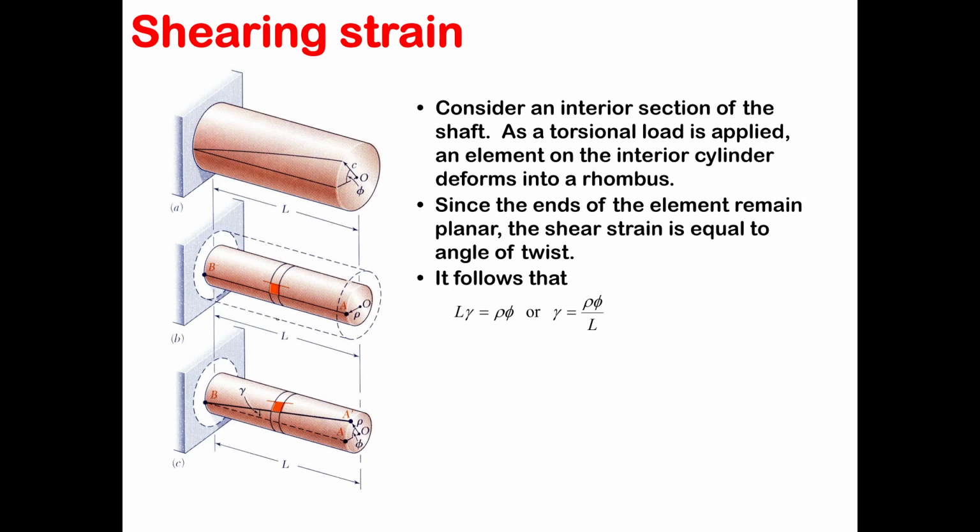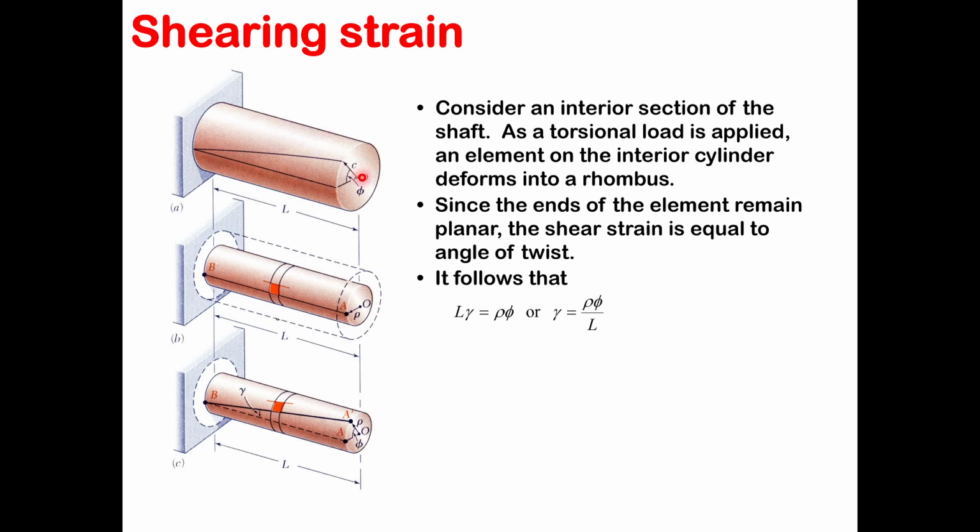We can see that your maximum shear strain is going to happen at the surface of the beam, right? Because it is of course related to the C and L, your shearing strain, as you can see.